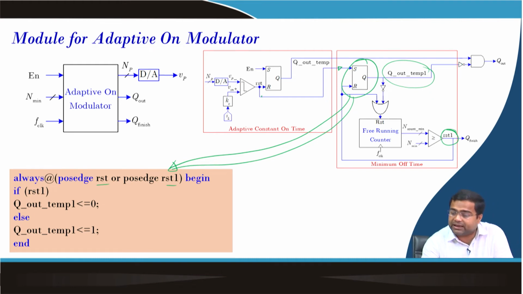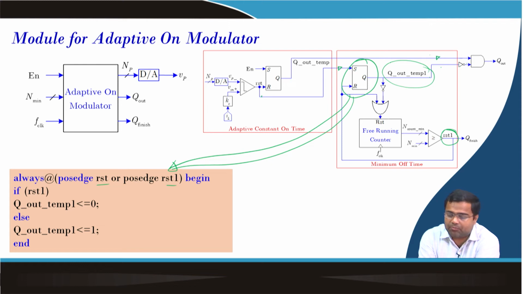And we are making a NOT operation of this, so that whenever this is 0, this will be 1 and pass that on. When this is 1, this will be 0, because there is a NOT operation here.